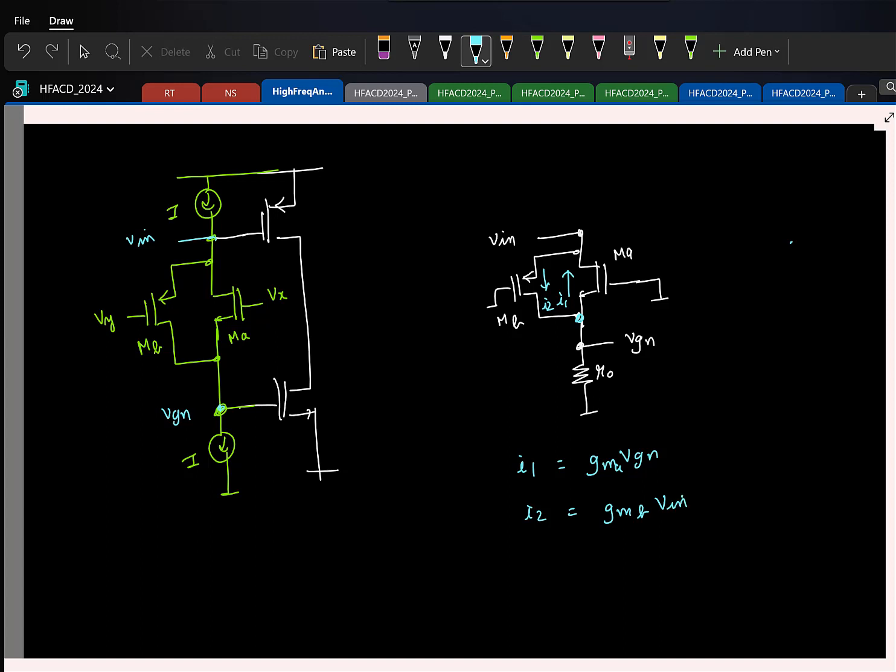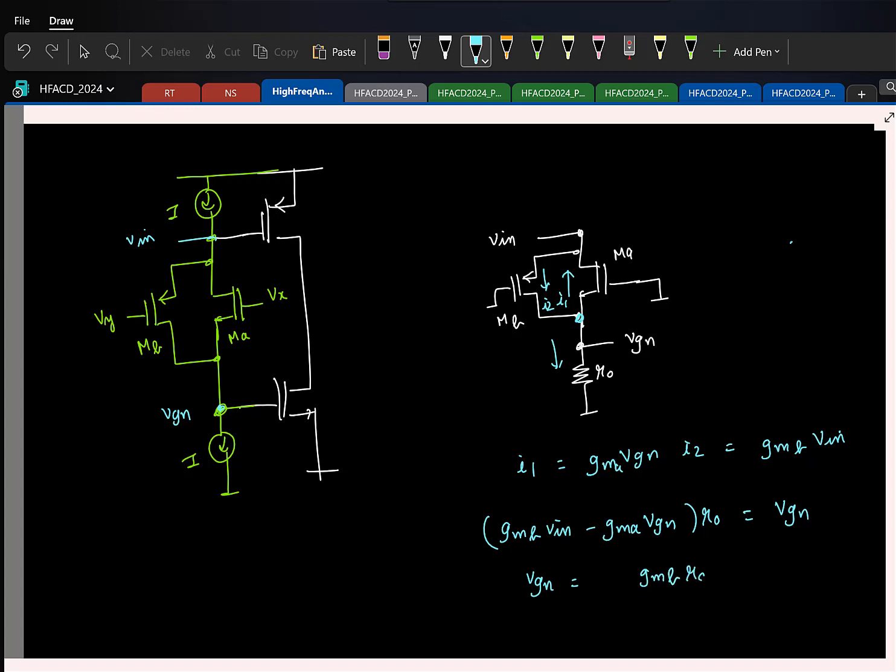GMB times Vin. So what is the current flowing here? The current flowing in the downwards direction is the difference between the two currents. That is how much? GMB Vin. So this times R0 is, right? So you simplify, VGN will be what?